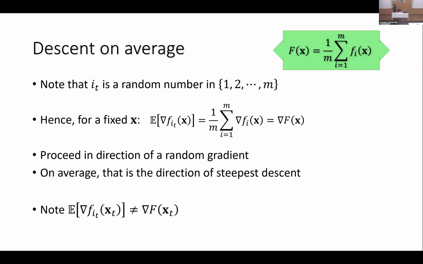Note, however, one caveat: this expectation is not equal. These two are not equal. This was equal, but these are not equal. Why are they not equal? If you look here, in the expectation, what are the random quantities? I_t is definitely random because it is randomly chosen. What about x_t? x_t is also random because in previous iterations I also randomly chose some data points.